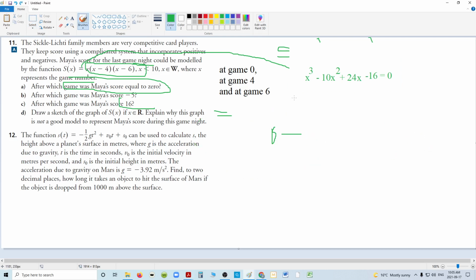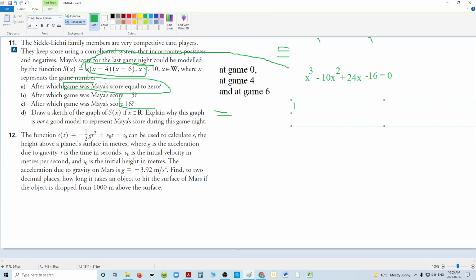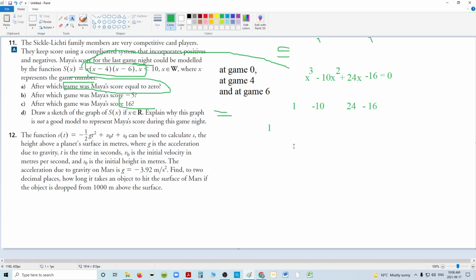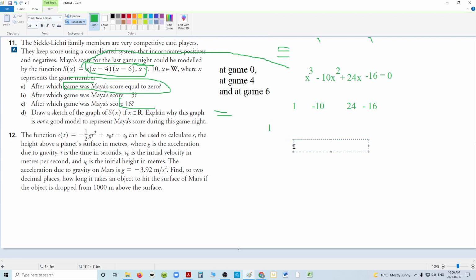So we would start with root 1. We first get all the coefficients down. And I should only use positives because I don't care about the negative games. I only care about her positive games. So I should only use positive roots to figure out if it all works out.